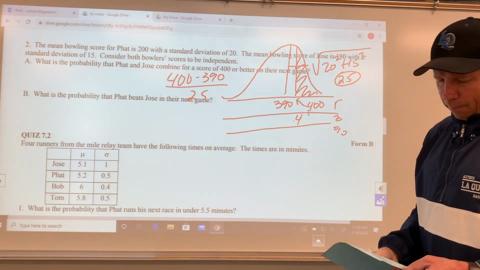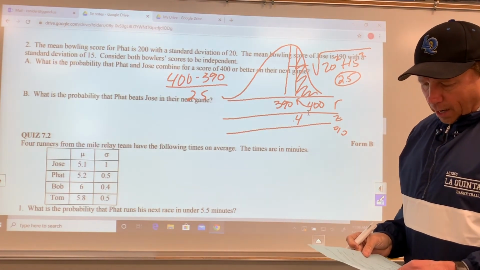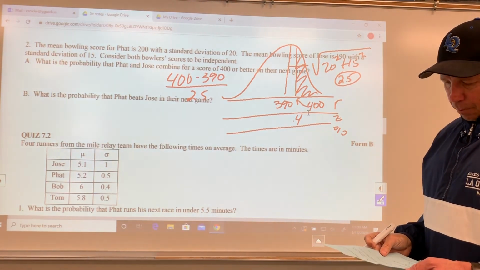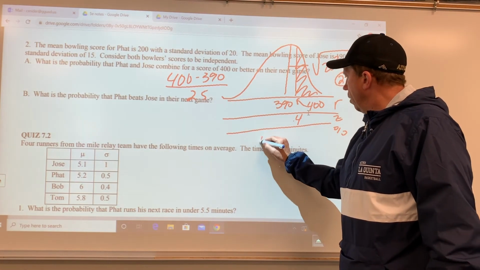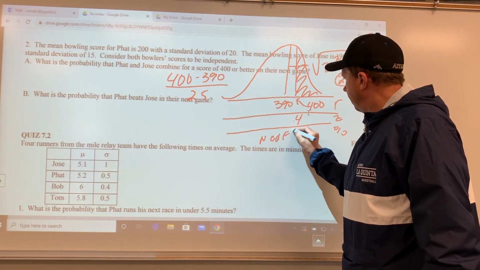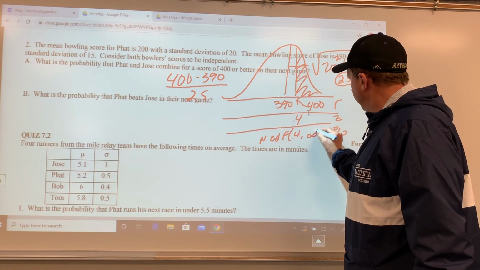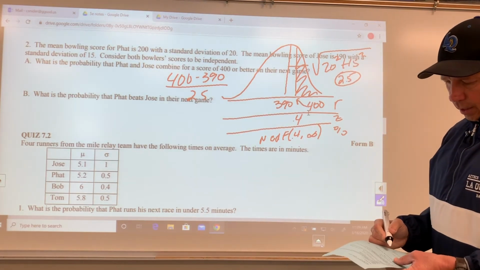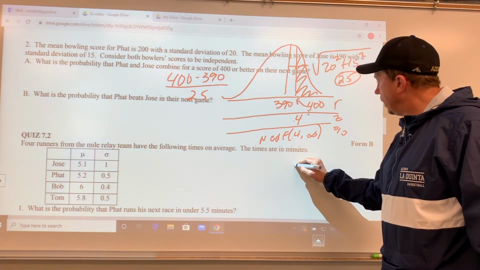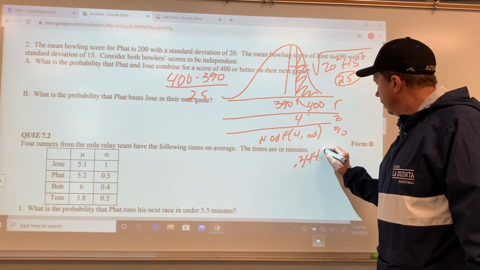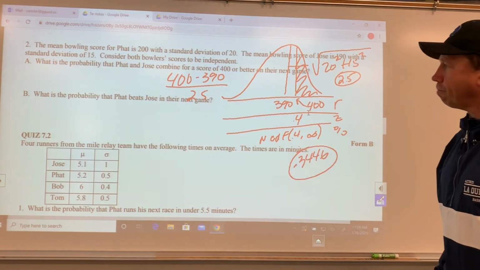The area above that is pretty simple. I'm going to go NCDF 0.4 comma infinity, and I get an answer of 0.3446.